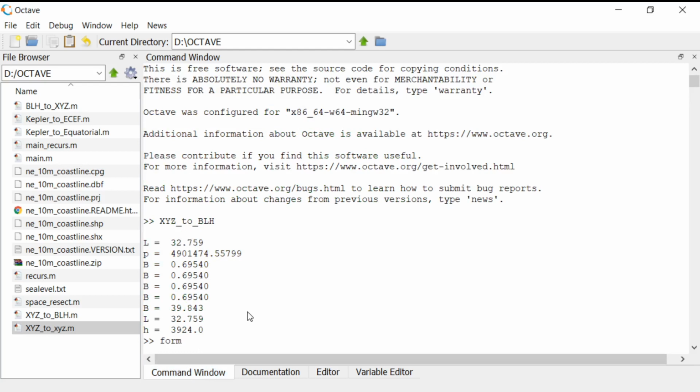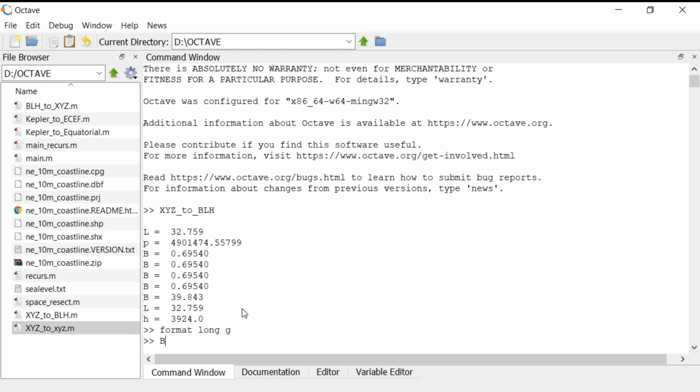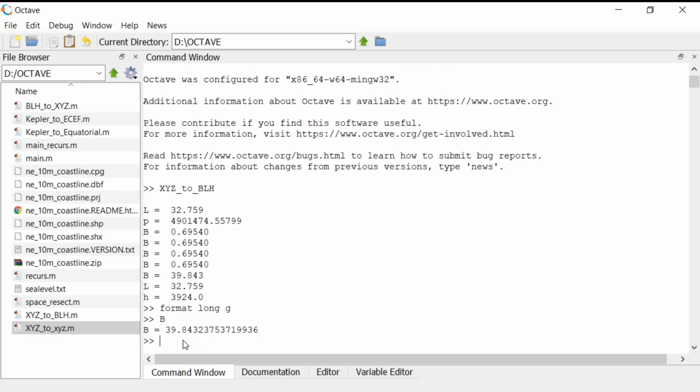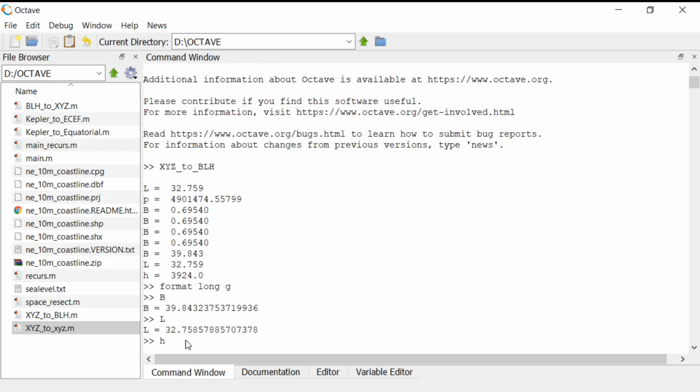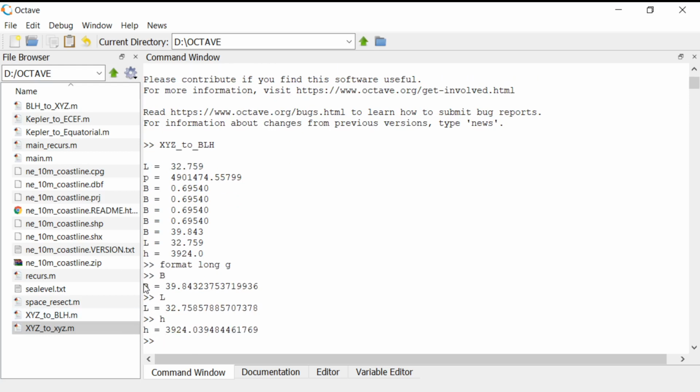So let's give format long G. The B is here, L is here, and H is here.